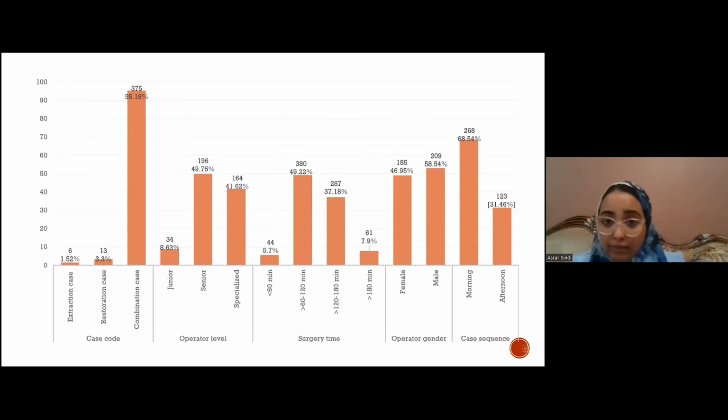In terms of time, most of the surgeries took about 60 to 120 minutes, about 49.22%, and only 5% took less than 1 hour. Male operators outnumbered female by 58.54%, and most of the operations were done in the morning shift.